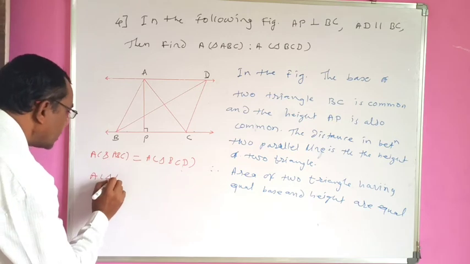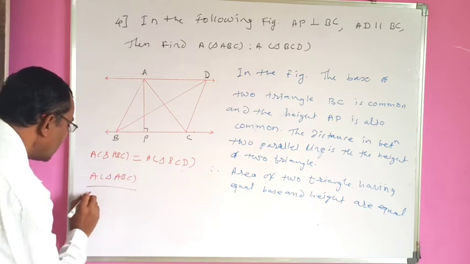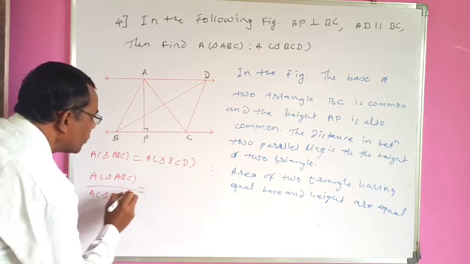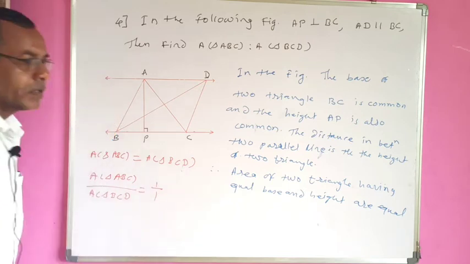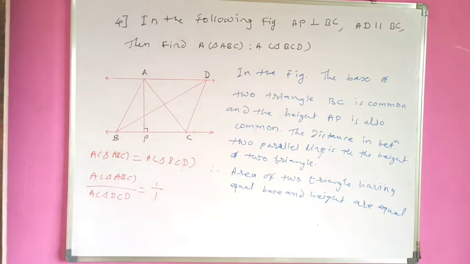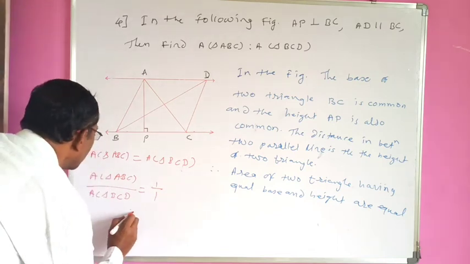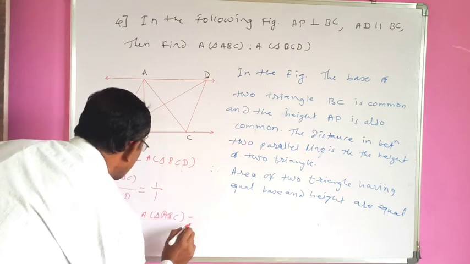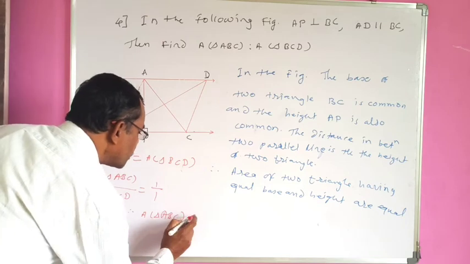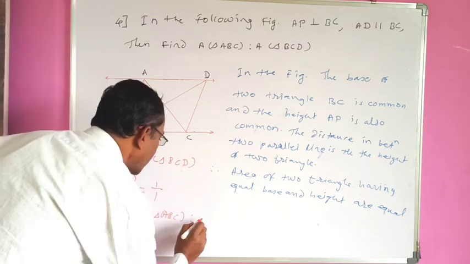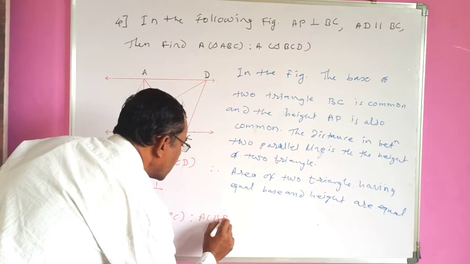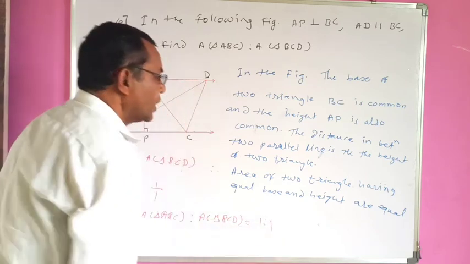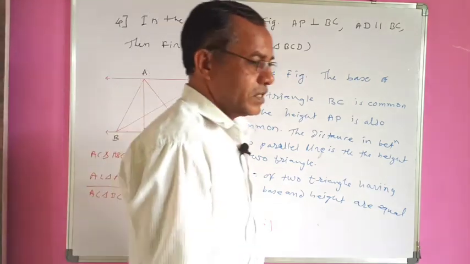Area of triangle ABC by area of triangle BCD is equal to 1 by 1, that is 1:1. Then I will write the last answer. Therefore, area of triangle ABC to area of triangle BCD is equal to 1:1. It is the last answer of example number 4.